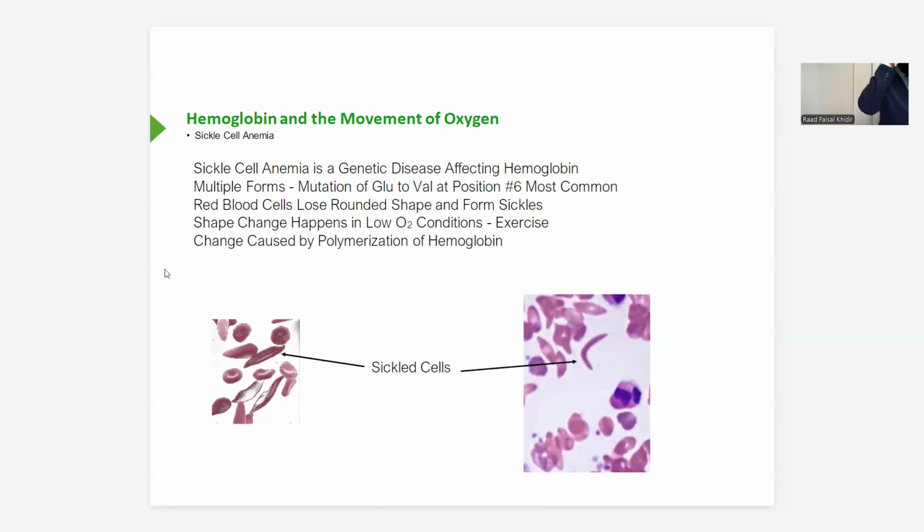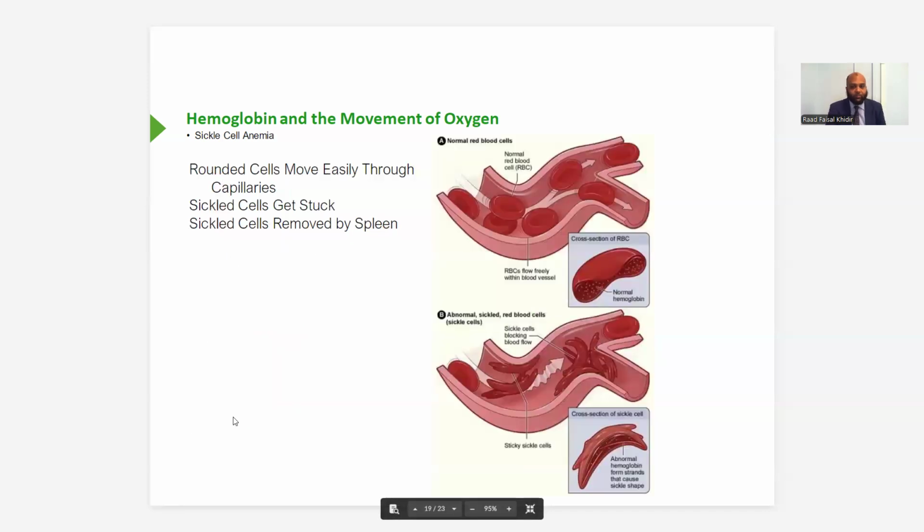Okay, guys, another thing I forgot to tell you. Do sickle cells sickle all the time? No. So a sickle cell patient who is relaxed and a normal patient who is relaxed, you take a blood sample for both. Can you tell who has sickle cell anemia? No. So the sickle cell will only sickle under what? Stress, like when there is metabolic demand or exercise. So the shape change happens in low oxygen conditions and exercise, caused by polymerization.